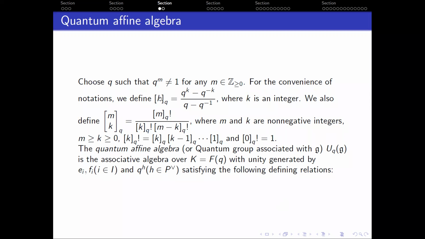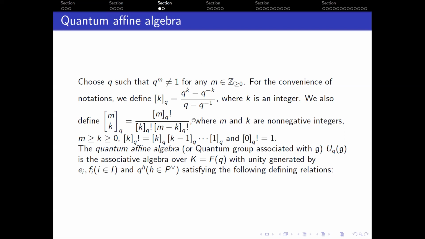Observe [k]_q by definition is q to the k minus q to the minus k over q minus q inverse. And if you let q go to 1, by formal L'Hopital's rule, you can see that this will be just 2k over 2. Okay, so it is k. So indeed, this is a q integer.